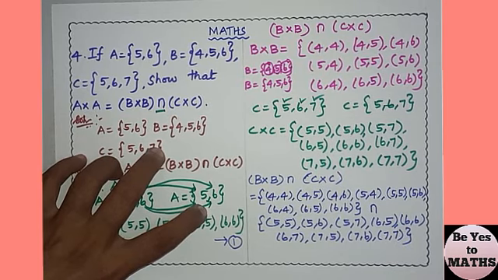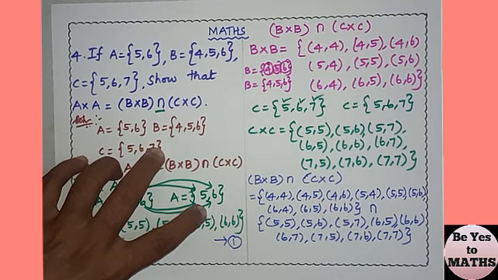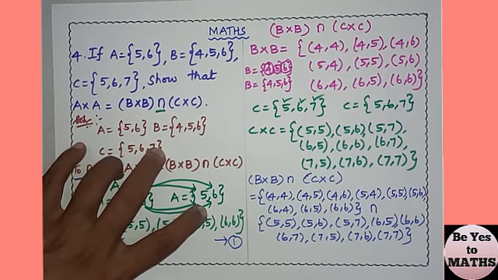Now we have to find out the intersection of these two sets. Intersection means common elements.